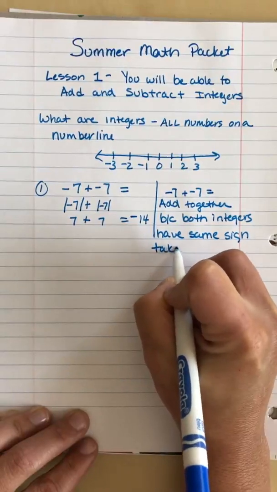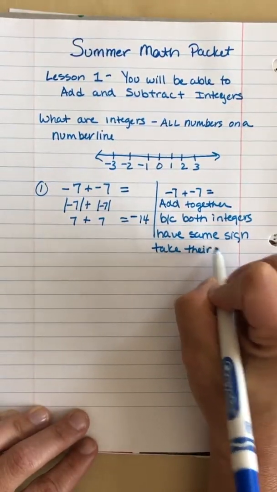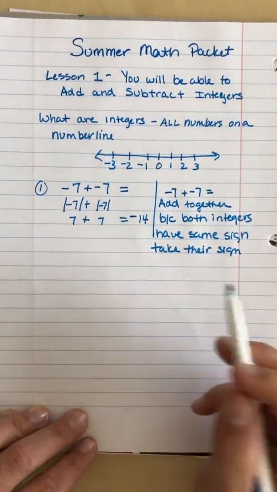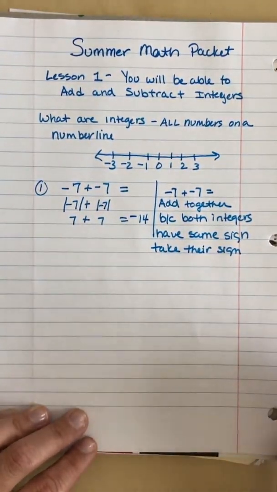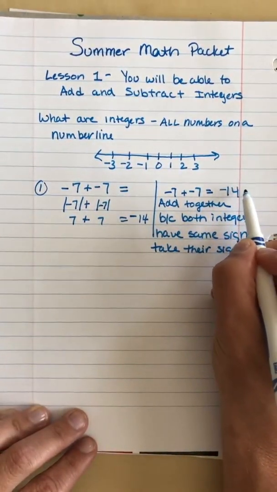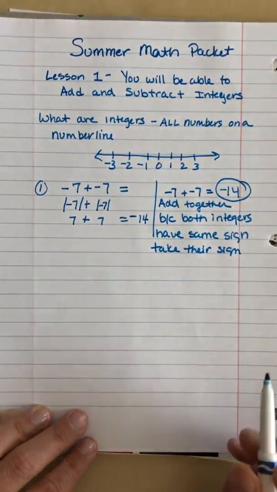Take their sign. In this case, it's going to be a negative. If they were both positive, you would take the sign of both being positive. So this is a -14. So this is going to be your final answer.